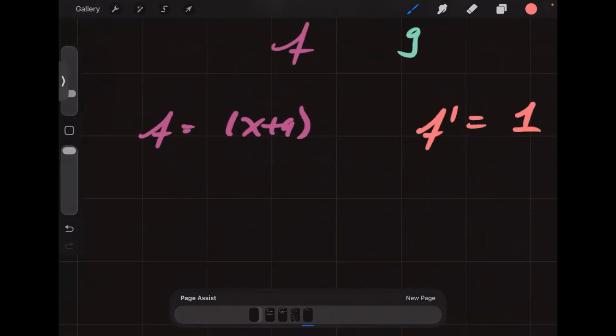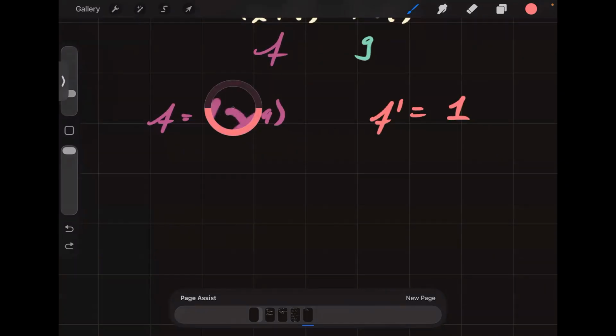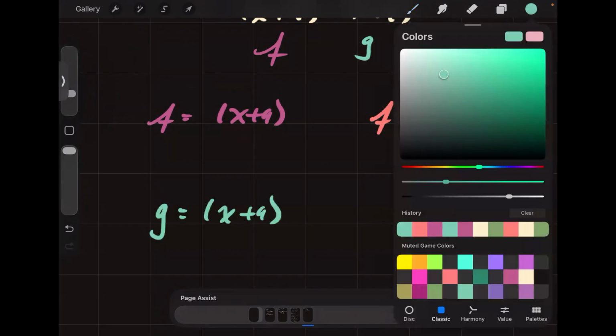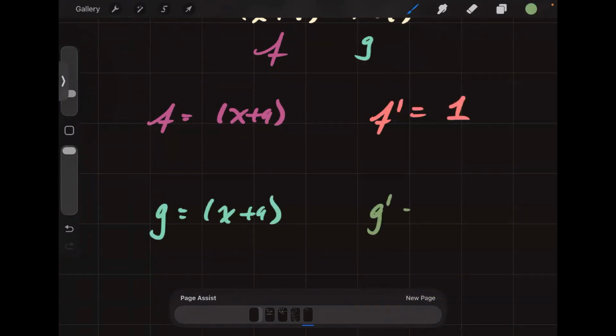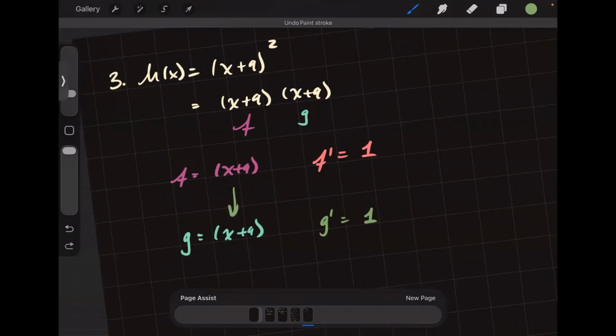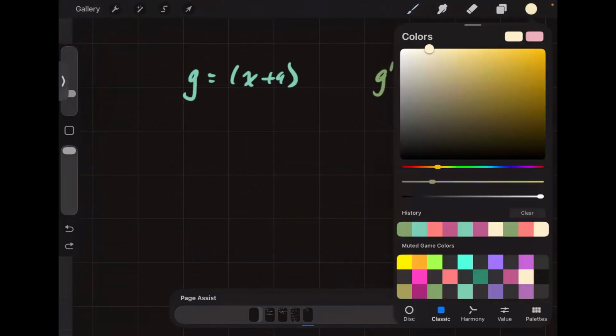Right, because the derivative of 9 is 0, the derivative of 1x to the first is 1. It's easy enough. And the derivative of g, or g is x plus 9, sorry. And the derivative of g, which is g prime, is also going to be 1 because these are the same. But that's okay, right? And then you put it into a product rule situation.